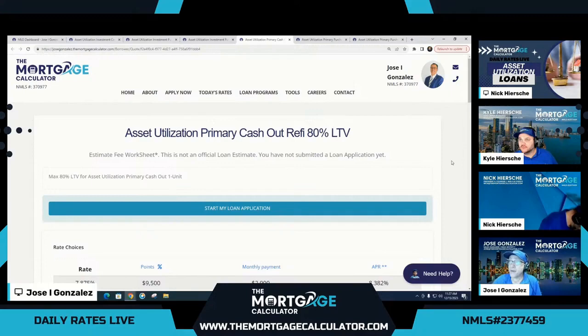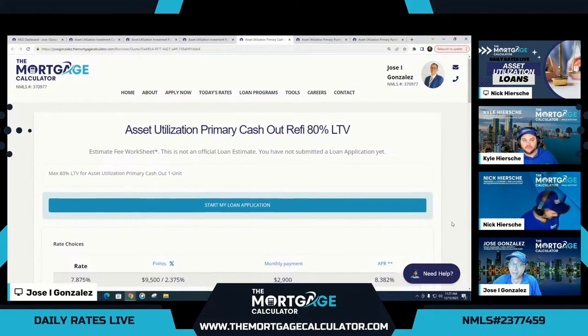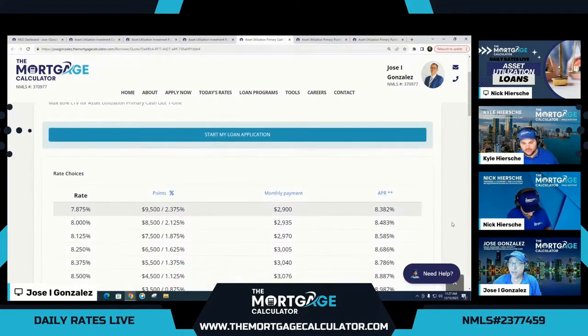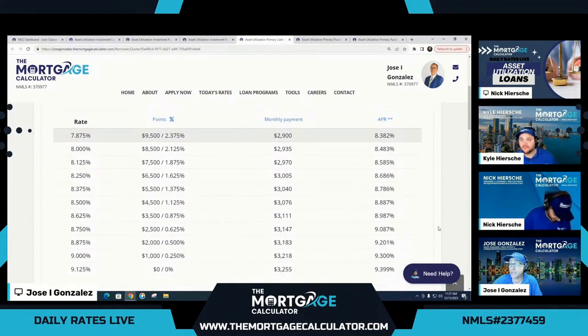So on our primary cash out, now this is where asset utilization does differ a little bit from bank statement loans and profit and loss loans in the max LTV. P&L, I think, is 80% as well, but bank statement definitely on the primary is 85% LTV.